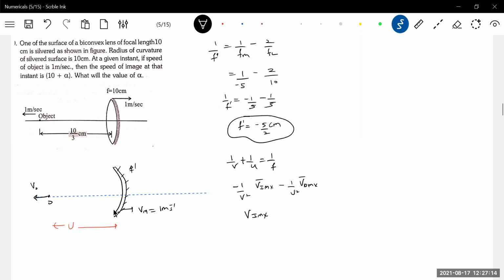So Vimx is equal to minus of v by u whole squared times Vom. So this you have to break up. Vix.